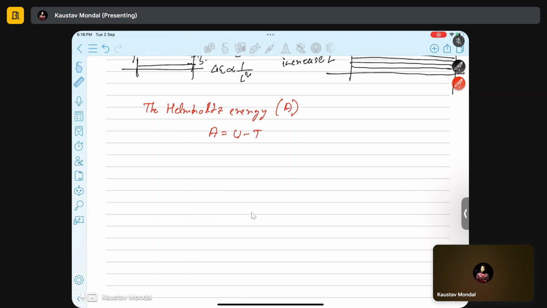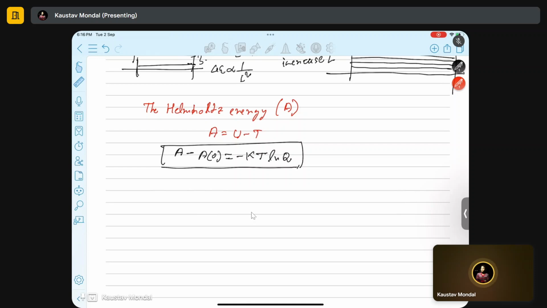The expression of the Helmholtz energy in terms of the canonical partition function looks like this: A minus A0 equal to minus kT into ln Q, right? So this is the expression of the Helmholtz energy.